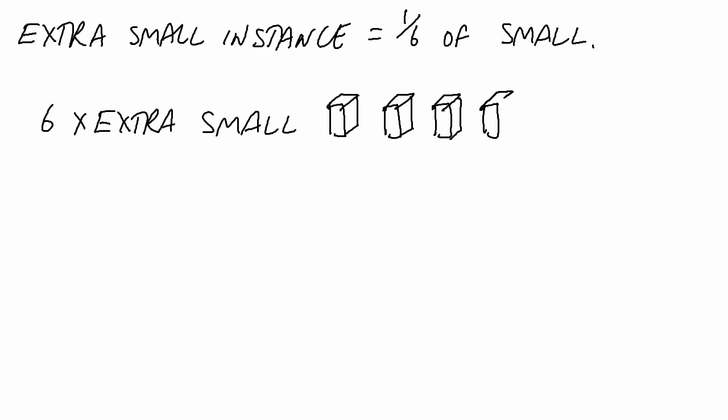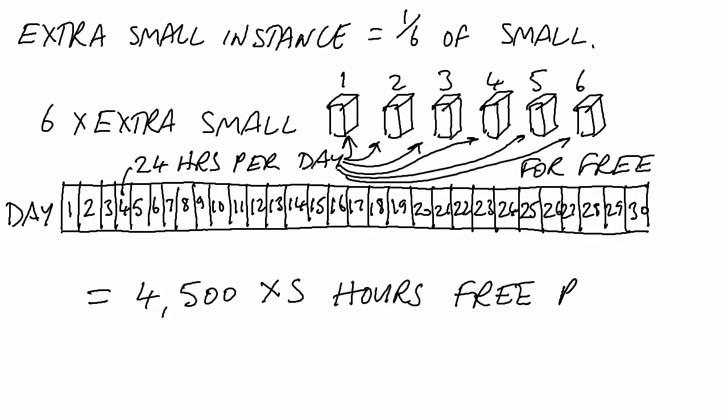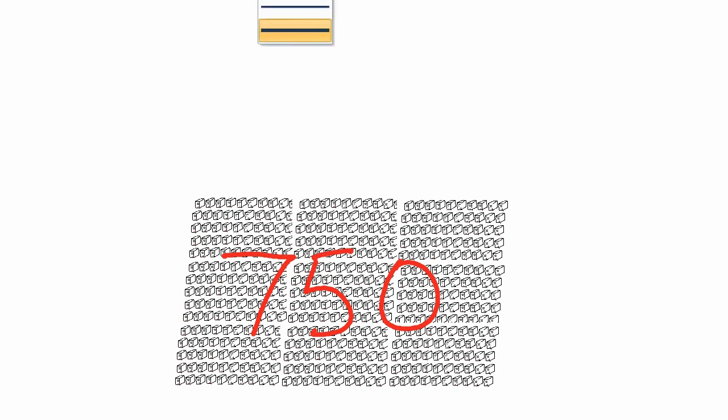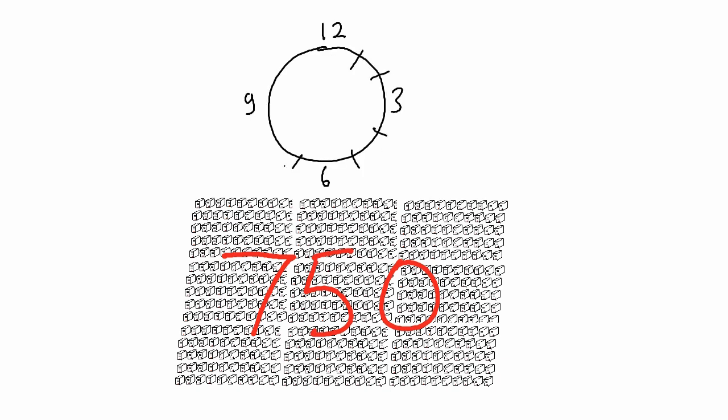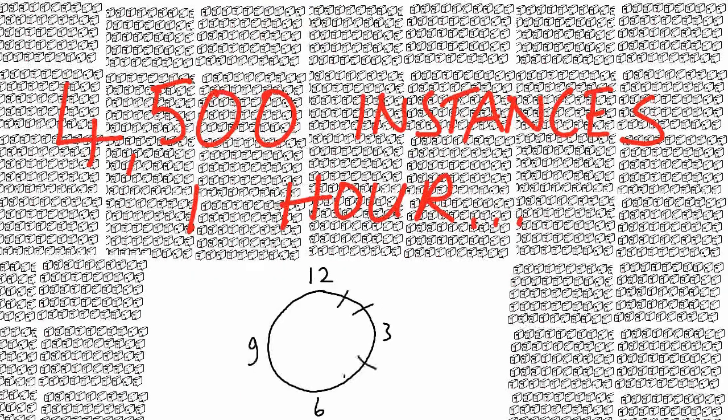You could run 6 extra small instances 24 hours per day for a month. I guess theoretically you could run 750 small instances for 1 hour, or even 4,500 extra small instances for 1 hour before incurring compute charges.